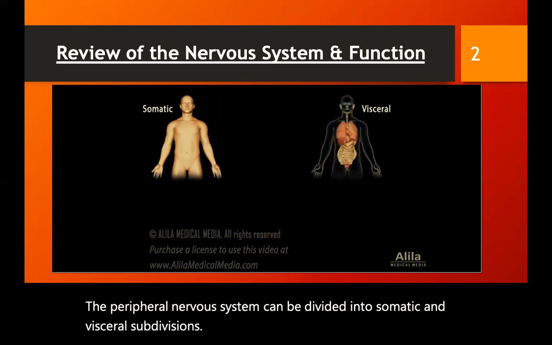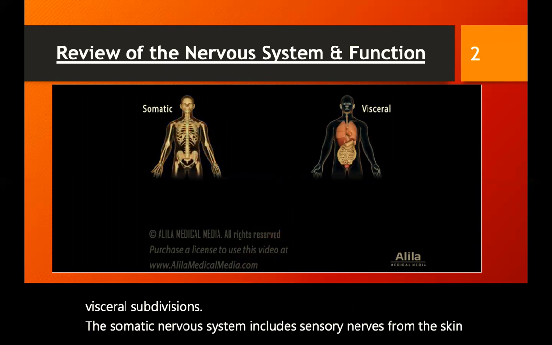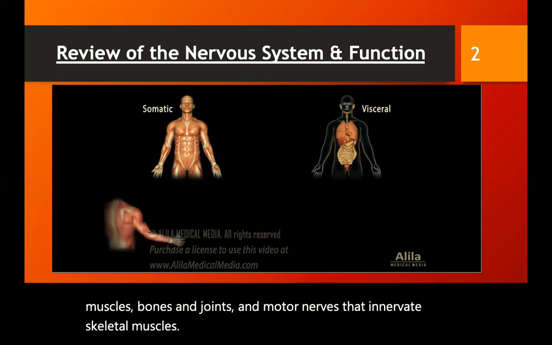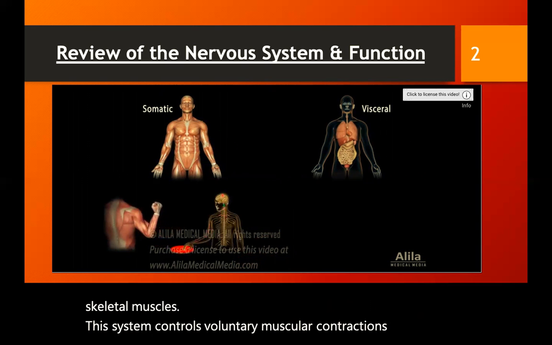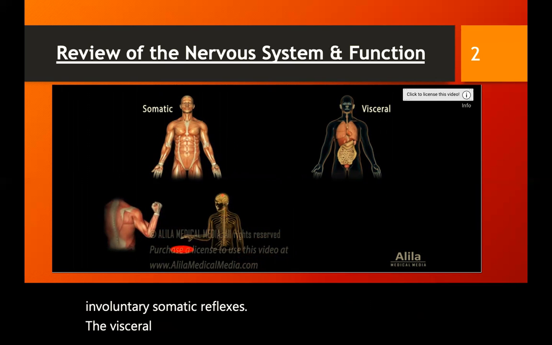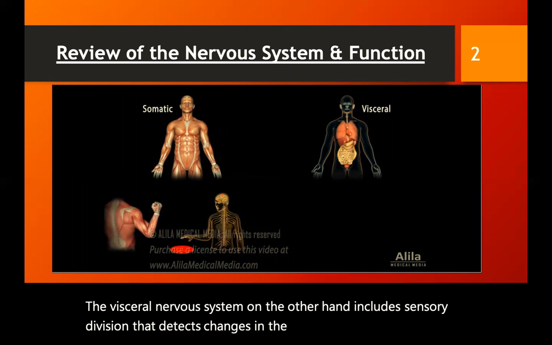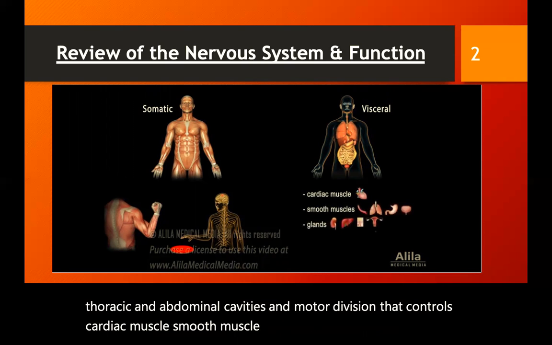The somatic nervous system includes sensory nerves from the skin, muscles, bones, and joints, and motor nerves that innervate skeletal muscles. This system controls voluntary muscular contractions, as well as involuntary somatic reflexes. The visceral nervous system, on the other hand, includes a sensory division that detects changes in the viscera, the organs in the thoracic and abdominal cavities, and a motor division that controls cardiac muscle, smooth muscle of internal organs and glands.